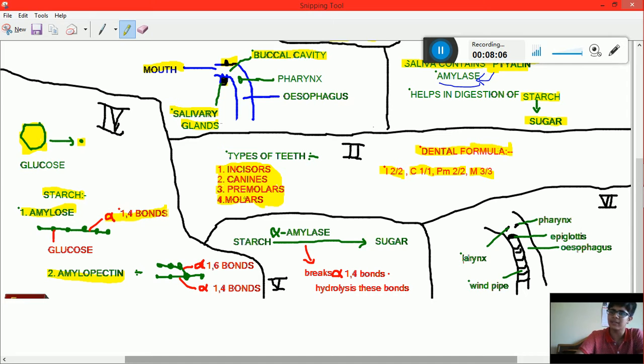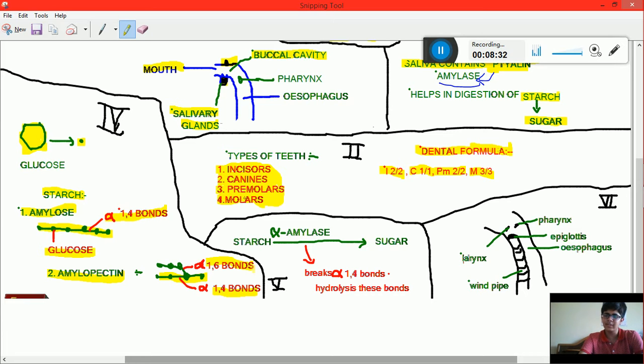This is not A, it is alpha 1,4 bonds. With the help of alpha 1,4 bonds, each glucose unit is connected in amylose. Then what is the difference between amylopectin and amylose? In amylopectin, they are connected with alpha 1,4 bonds also, but they also contain alpha 1,6 bonds, and they have different chains. In that case, it is called amylopectin.